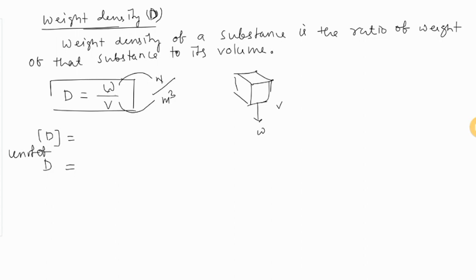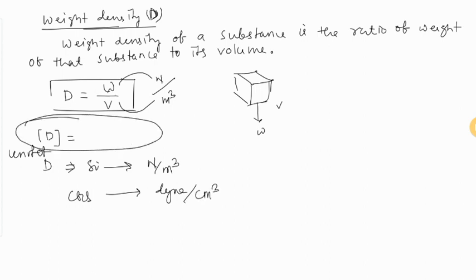So in SI units, it will be Newton per meter cube, and in CGS, it will be dyne per cm cube. Why did I leave this dimensional formula to find? Please watch the video clearly and send me the dimensional formula of D in the comment section. I'll be waiting for your comments.